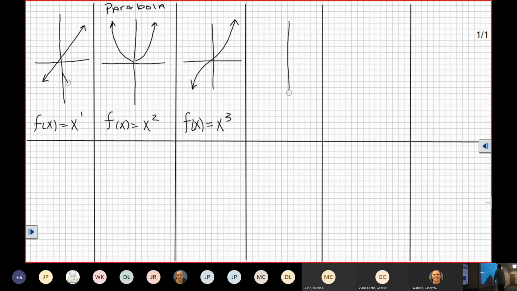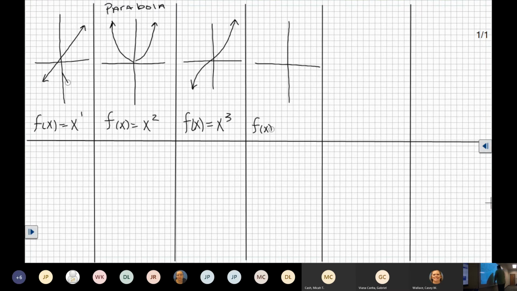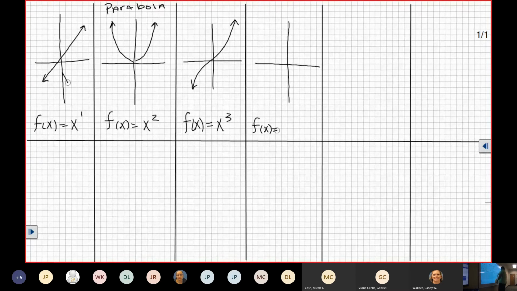Now these two, I'm going to put f of x is equal to x to the fourth, but I'm going to say x to the even. And I'm going to put even in magenta.